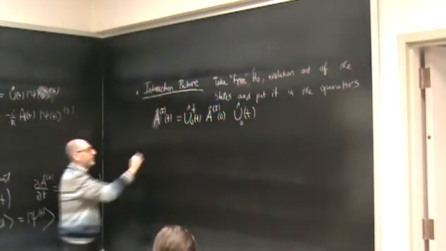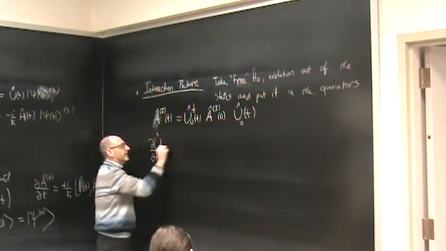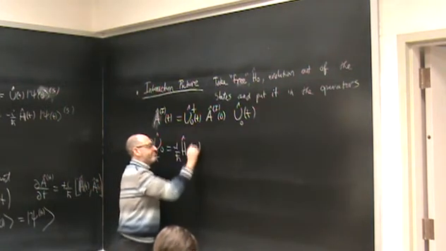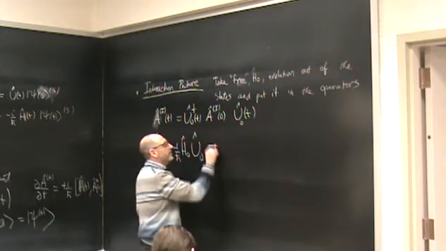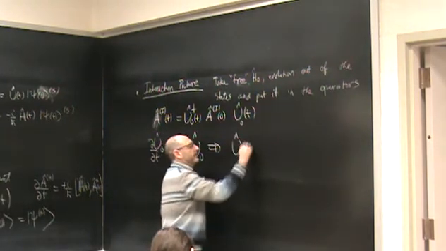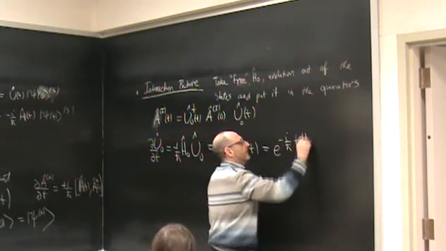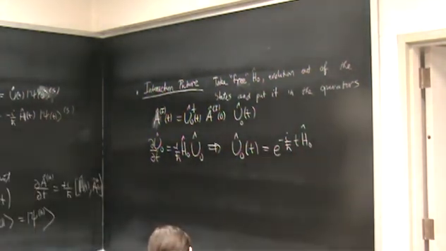U0 is the time evolution operator that's generated by H0. We know how to do that.